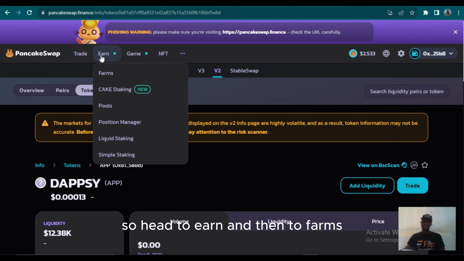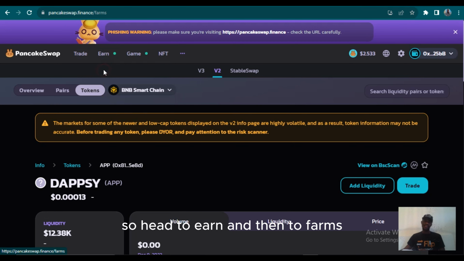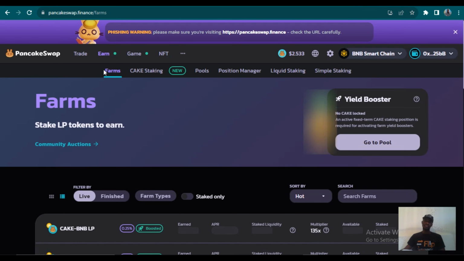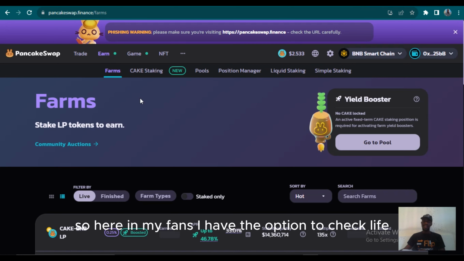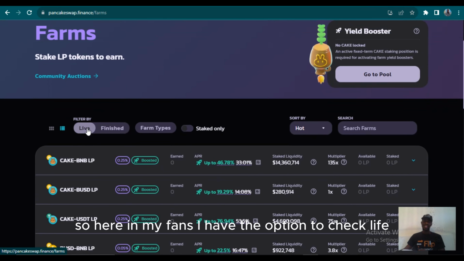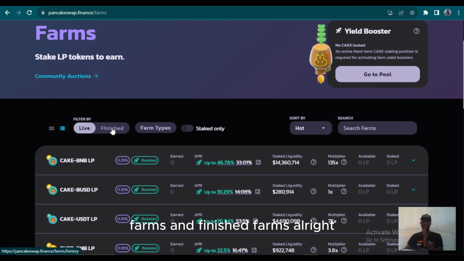So head to Earn and then to Farms. Here in Farms, I have the option to check live farms and finished farms. It's called farms because the way it was designed is that you can earn multiple incomes on different protocols, right?